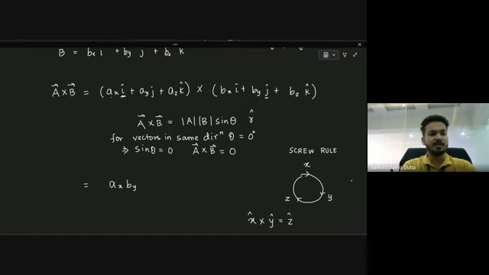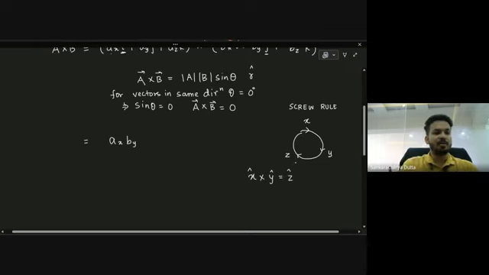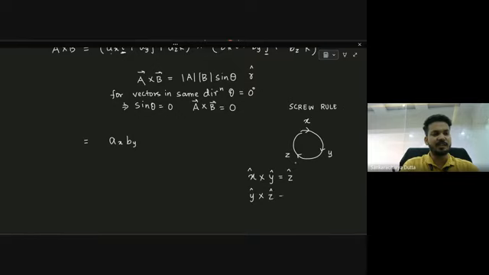Let's move forward. I'm going to make the entire table here. If you do y cross z, again in the direction of the circle, you're going to get x. And if you do z cross x, you're going to get y. But if you go in the reverse direction of this circle, for example x cross z, remember the order matters in cross product, you get minus y.